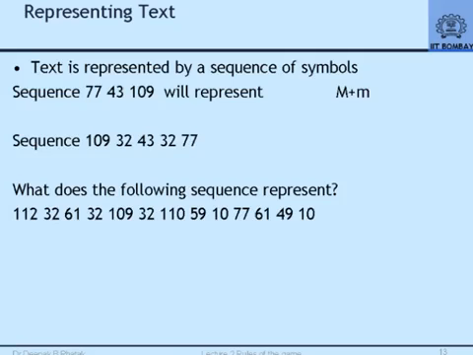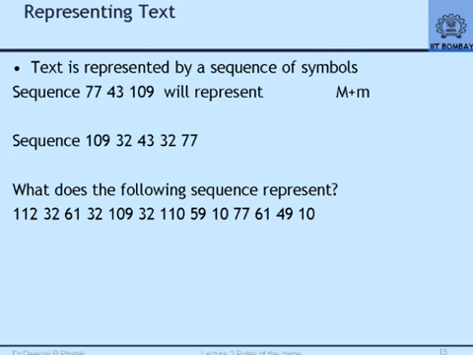Here are some simple examples. So capital M plus small m. If I write this in my text, internally it will mean a sequence 77, 43, 109. Why? Because 77 is the value representing capital M, 43 is the value representing symbol plus, and 109 is the value representing small m.